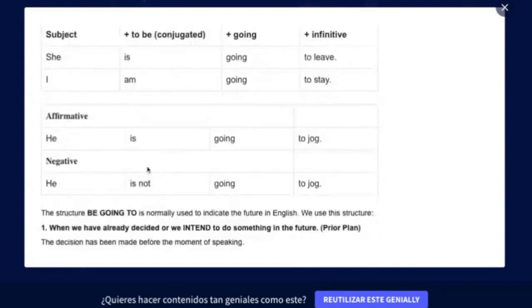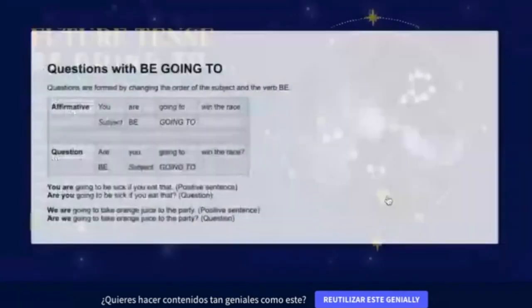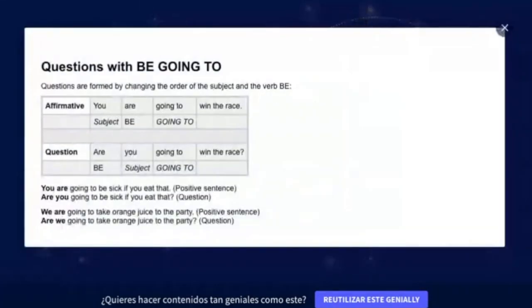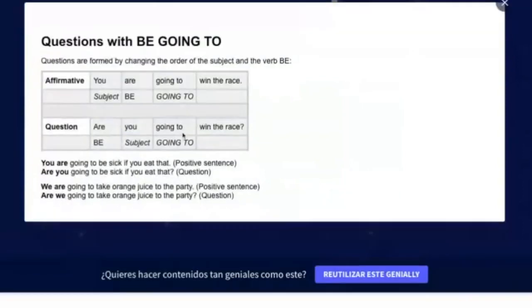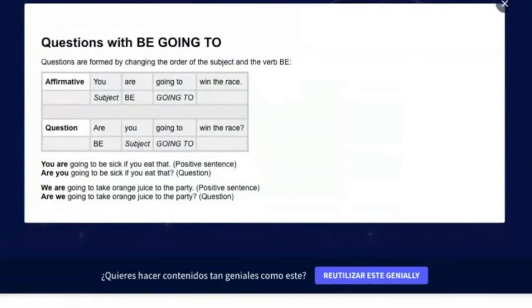The only thing that changes is that the verb to be has the negative particle not. After this, we're going to check the question form, the question with be going to. In the question with be going to, the only thing that changes is the position of the verb to be.